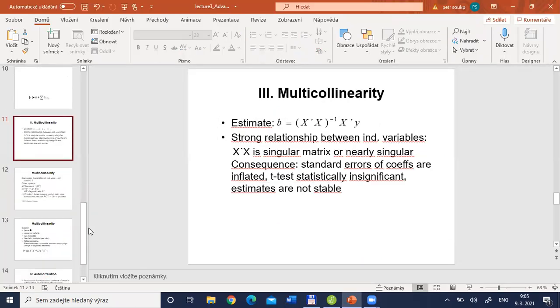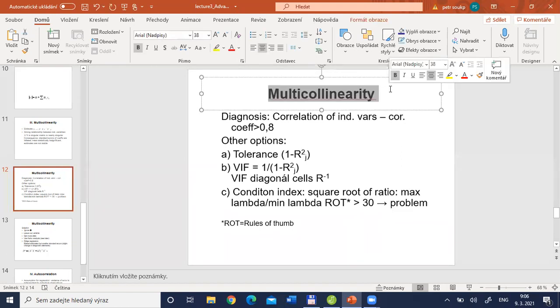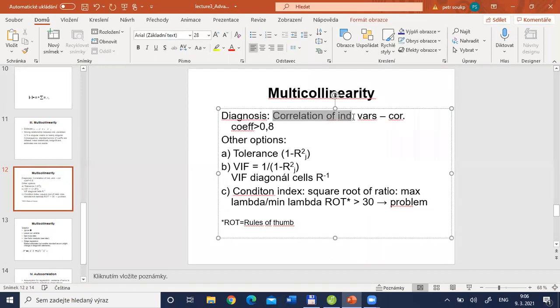As this problem of multicollinearity is quite often present in data, there are quite developed techniques to detect these problems, and we will also discuss solutions for these problems. If we would like to have a very simple tool to detect multicollinearity, which we will not compute, you can compute the correlation coefficient for all independent variables, and a recommendation is that if at least one of these values is above 0.8, excuse me, there can be a problem.